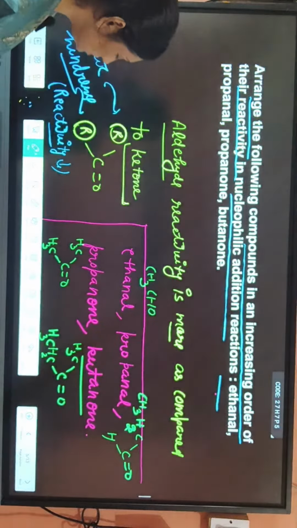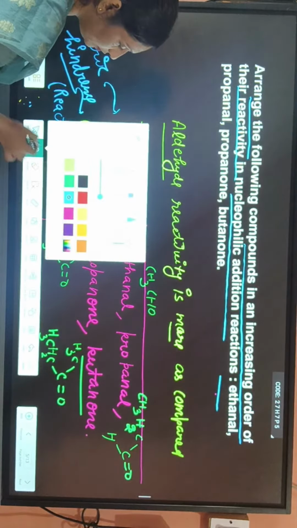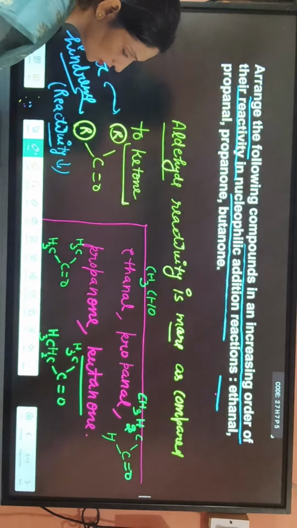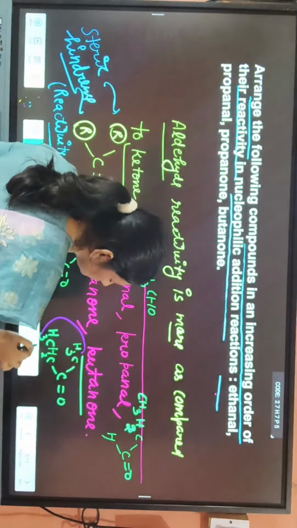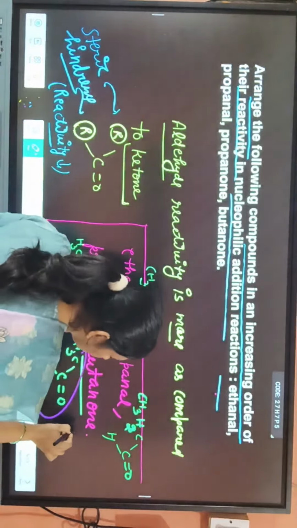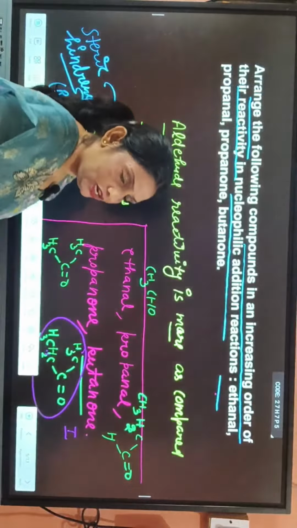Which one has the greatest size and more bulky groups? You can see this one has more bulky groups, so its reactivity is less.